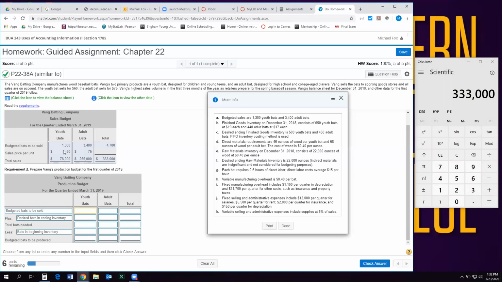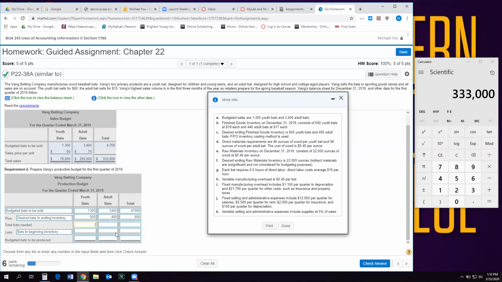So budgeted bats to be sold is right here, 1,300 youth bats and 3,400 adult bats, which is 4,700 total bats. Then it tells us over here our desired ending finished goods inventory is 500 youth bats and 450 adult bats, or 950 total bats in ending inventory.